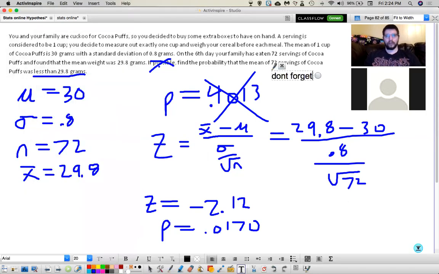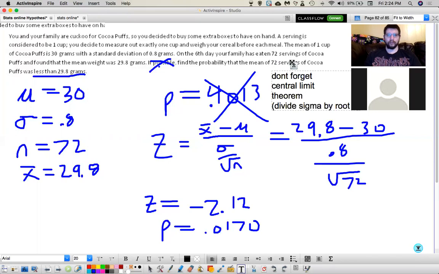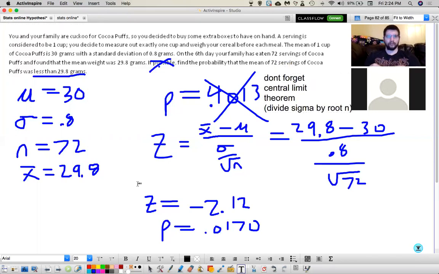Don't forget central limit theorem: divide sigma by root n. Okay. So that's how you do it on the calculator. Same way, just don't forget to fix your sigma.